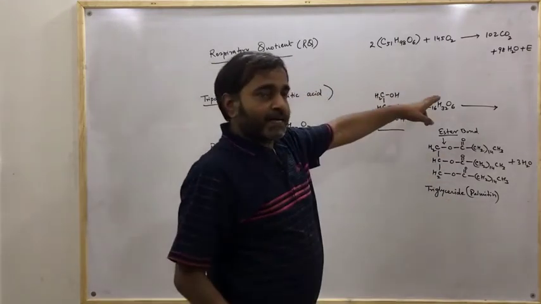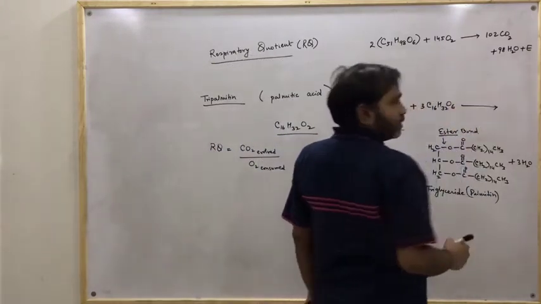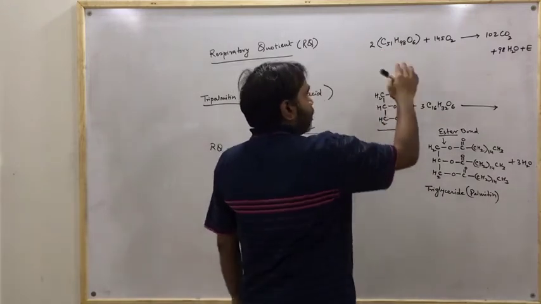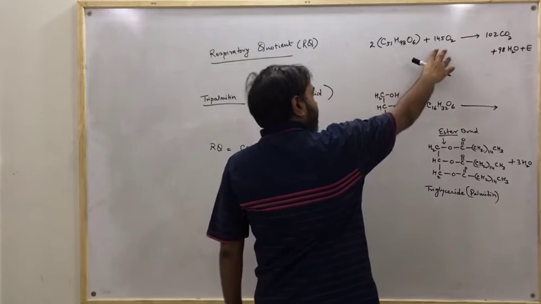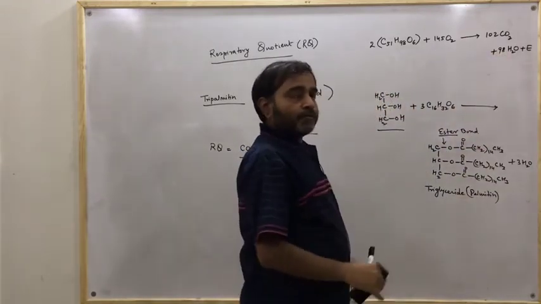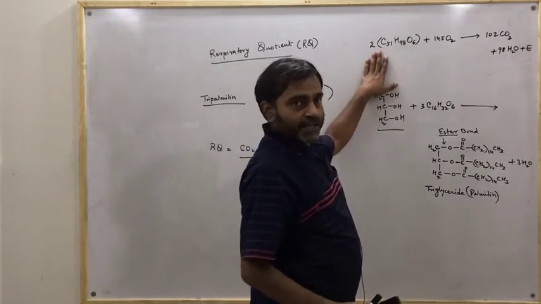E is the energy which will be evolved, and the two molecules of tripalmitin will get oxidized with oxygen, and how much CO2 and H2O will be formed is represented in this reaction.